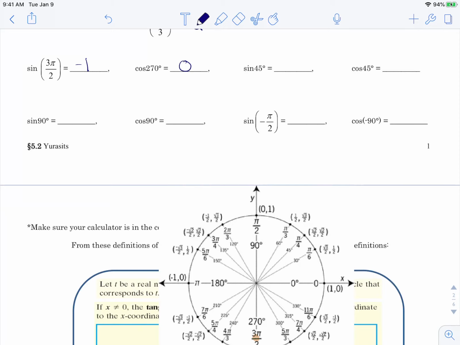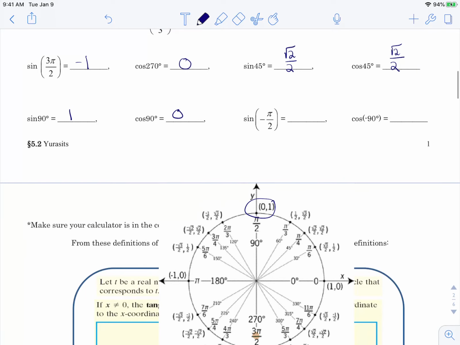Sine of 45 degrees, it looks like that's going to be root 2 over 2. Cosine of 45 degrees, root 2 over 2. Sine of 90 degrees, 1. Cosine of 90 degrees, so again, just to refresh, we're looking here, that would be 0.